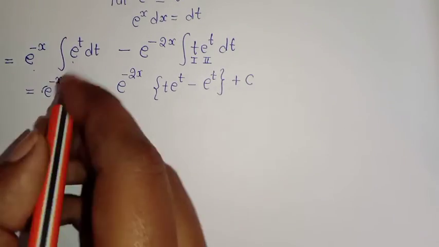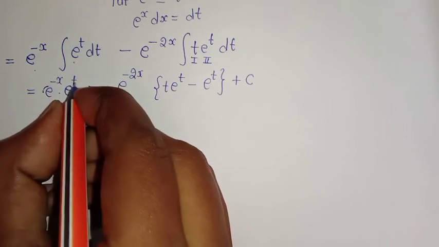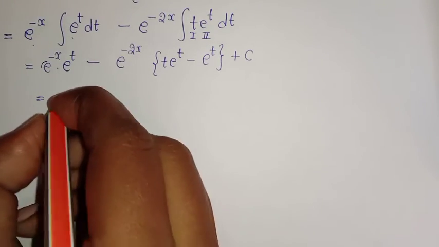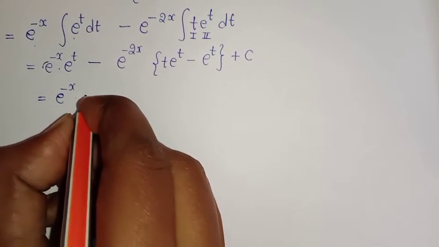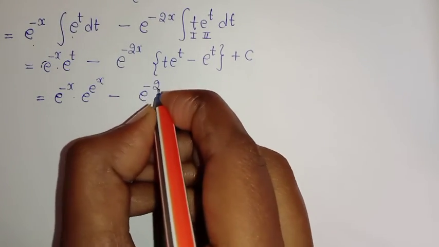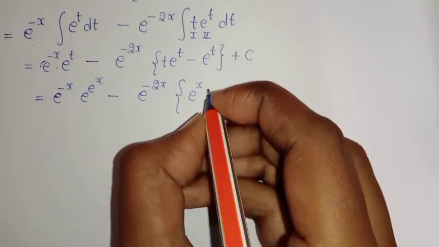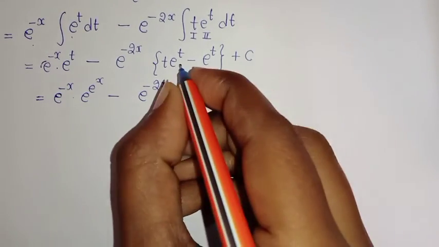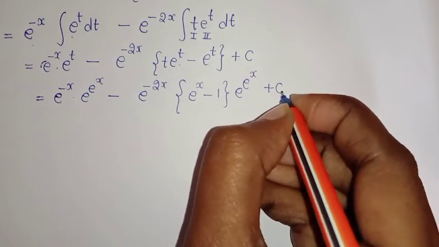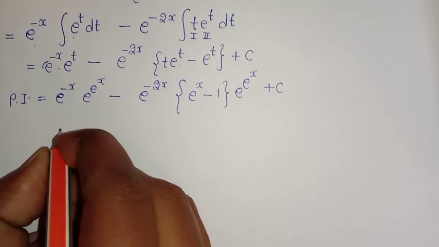If we put the value of t, that was e raised to power x, we have to put it e raised to power minus x, e raised to power x minus e raised to power minus 2x, and if we put the value of t again, then it becomes e raised to power x minus 1, and take e raised to power t outside, then it becomes e raised to power x plus c.